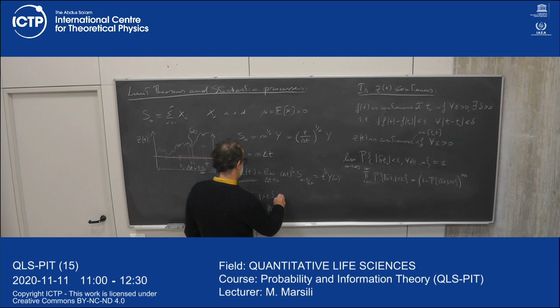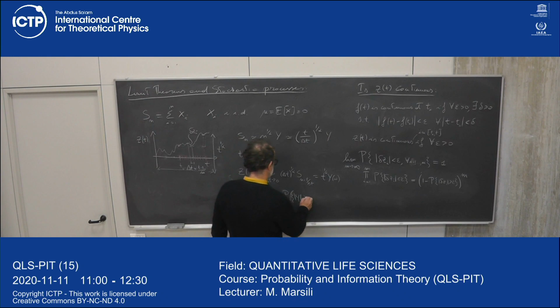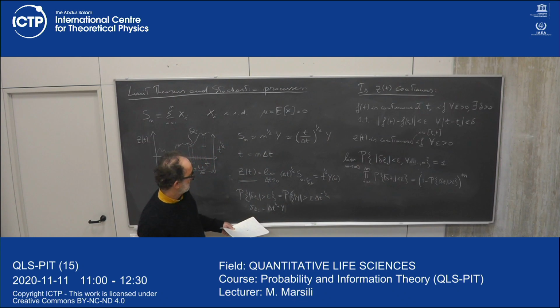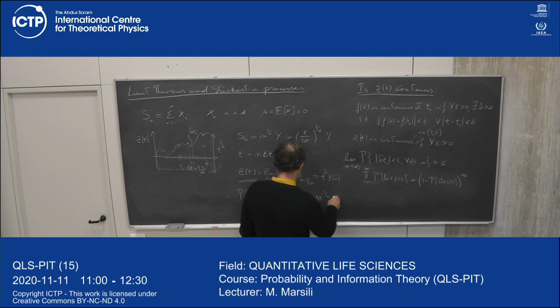So this probability is actually the probability that the random variable y in absolute value is larger than epsilon times delta t to the minus 1 over alpha. Okay? Because if delta Zi must be larger than epsilon, then y should be larger than epsilon times delta t to the minus 1 over alpha.